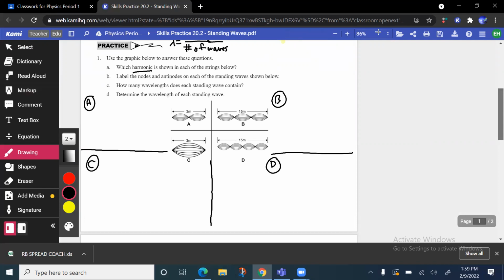So which harmonic is shown in each one? Well, the harmonic number is given by the number of antinodes. So how many antinodes you see in the picture, that's the harmonic number. I see 2 antinodes. So for A, we're looking at the second harmonic. For wave B, you're looking at the third harmonic.